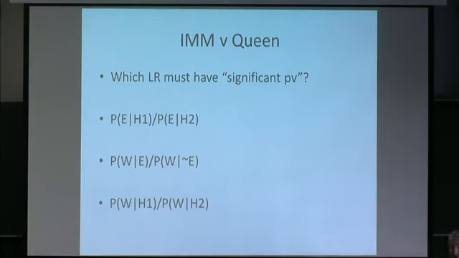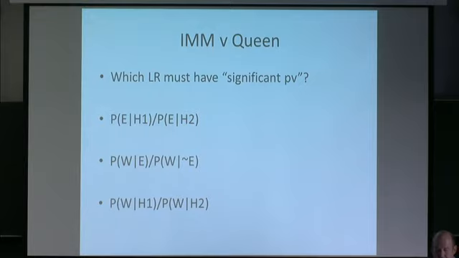There's the probability that he ran his hand up her leg given the prosecution hypothesis is true, against the probability that he did it given that the prosecution hypothesis is not true. Then we get on to W, which is the fact that the witness has made a statement in the witness box.